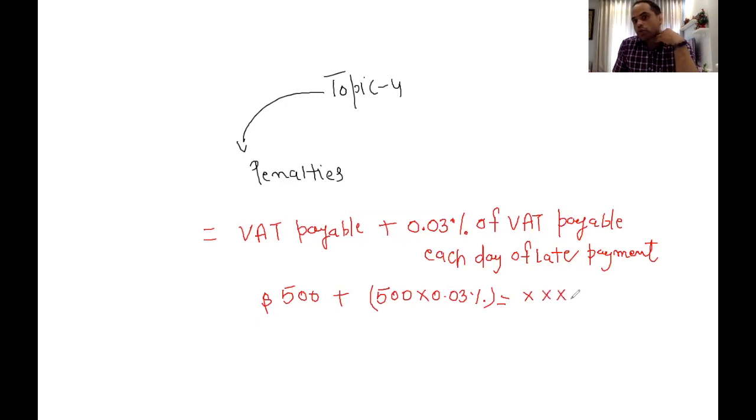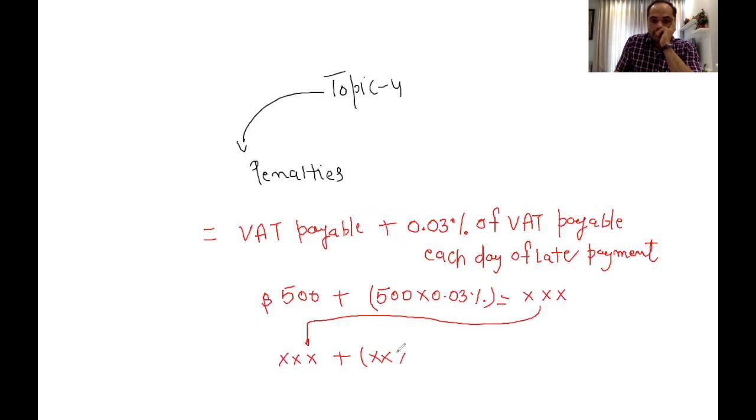If I'm 2 days late, so another day I don't pay, which means this amount, which is here, this is the VAT payable, plus again this amount multiplied by 0.03%, right?